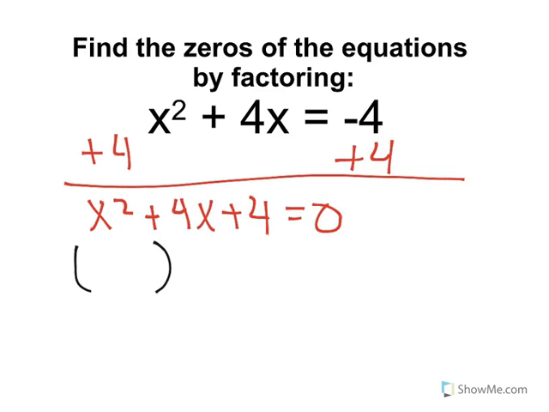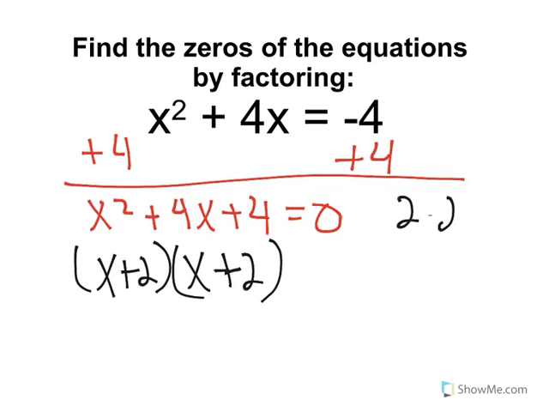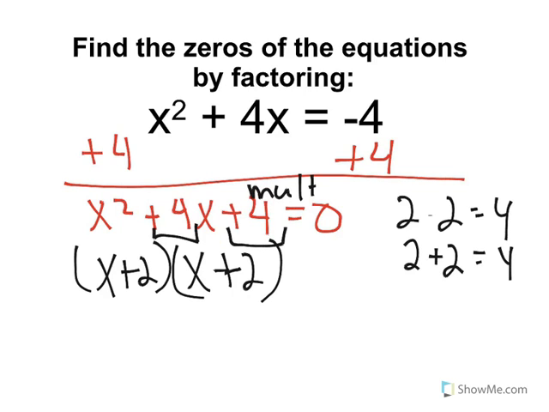So when you would factor that, it would factor to x plus 2 and x plus 2. Because 2 times 2 is 4, 2 plus 2 is 4. So we're looking for numbers that multiply to 4, but add to 4 also.